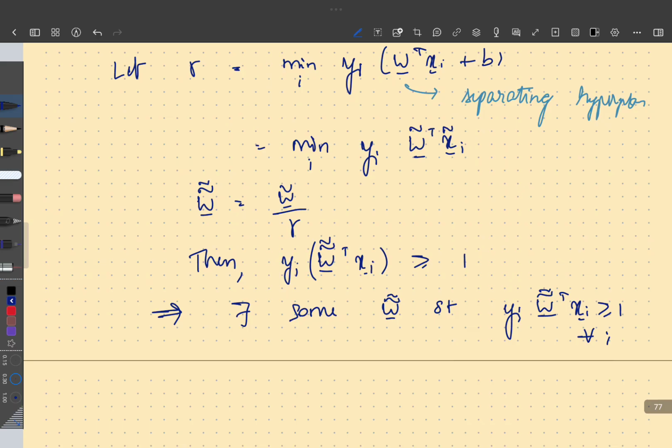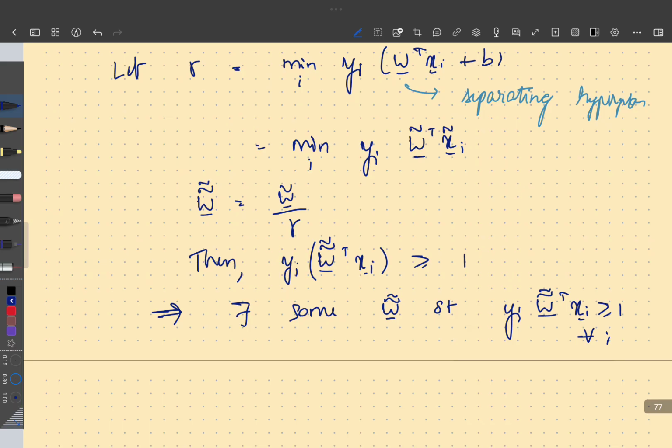So given any data set that is linearly separable, it is possible to find some vector W such that yi times W transpose xi is greater than or equal to 1 for all i.